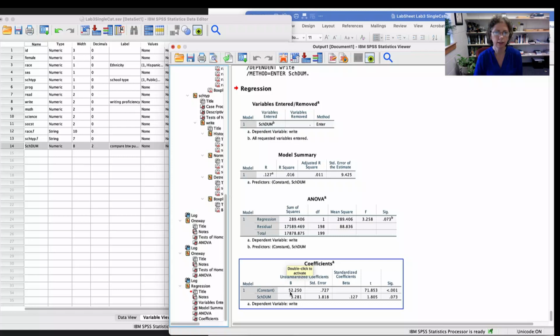Again, the intercept, the constant there, is the average writing proficiency score for public school, whoever is referent. School dumb, the dummy variable, is going to be the difference between the referent and the target, between public school and private school. And that's the information we needed to create that regression equation.